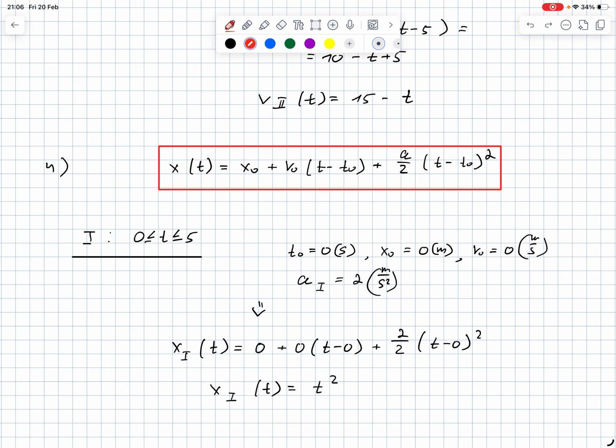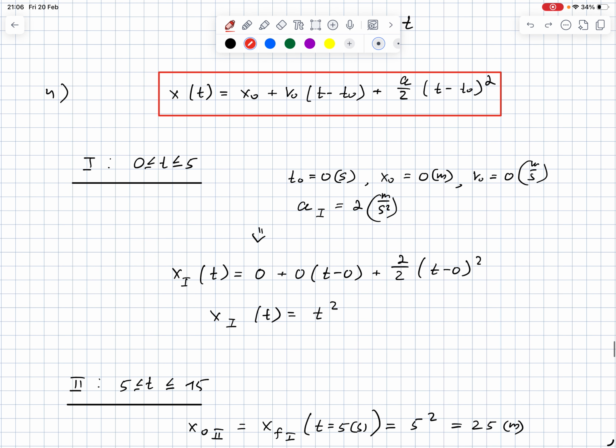And finally we get this expression that describes the position of the object in the first time interval. It's an easy parabola. Now this parabola will be a happy parabola because the coefficient of this t squared is positive.